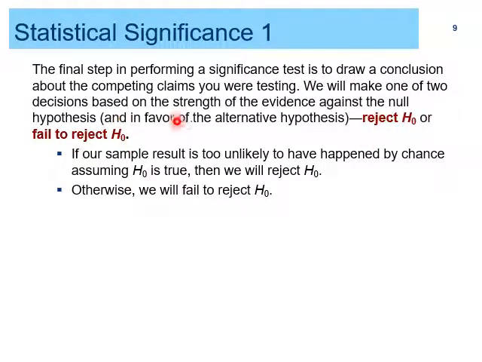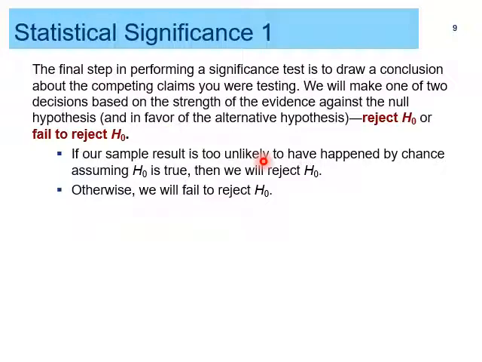If you are going to favor the alternative hypothesis, we say we reject the null hypothesis. And if you are not able to say that, then you say fail to reject the null hypothesis. We are not going to conclude that we reject the alternative hypothesis or fail to reject the alternative hypothesis.